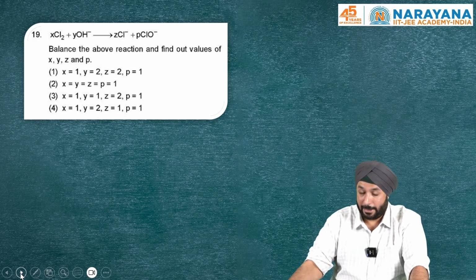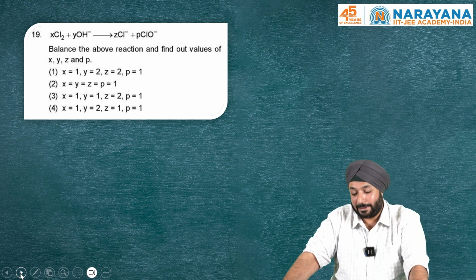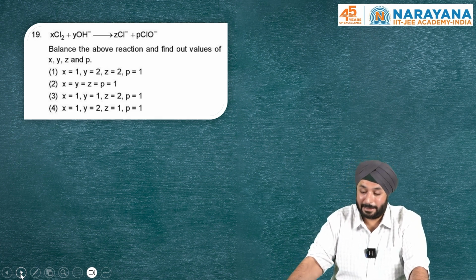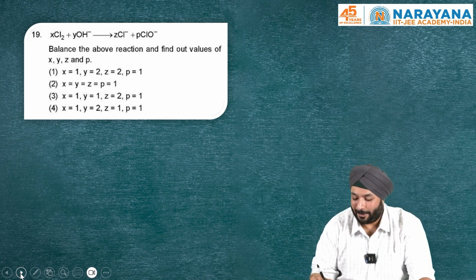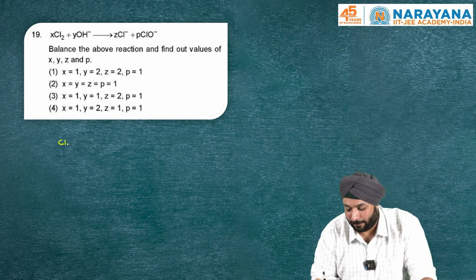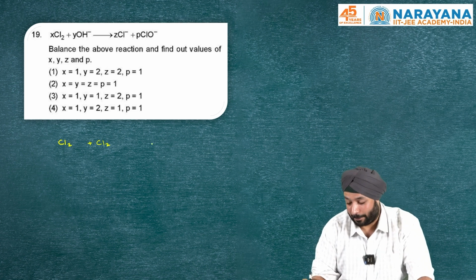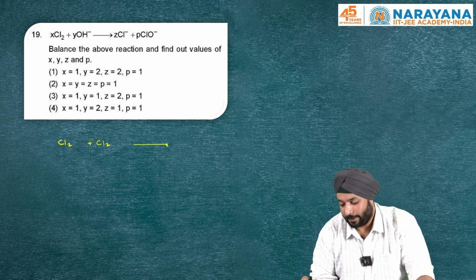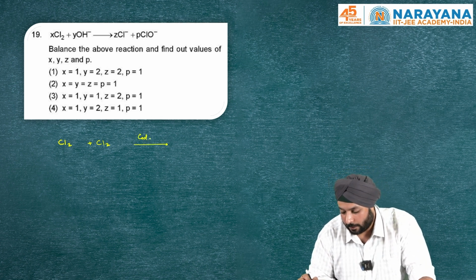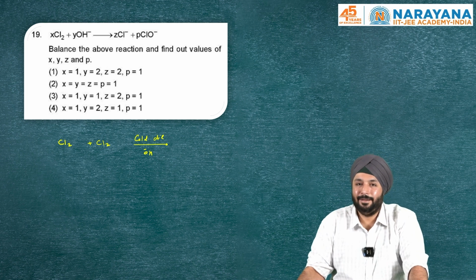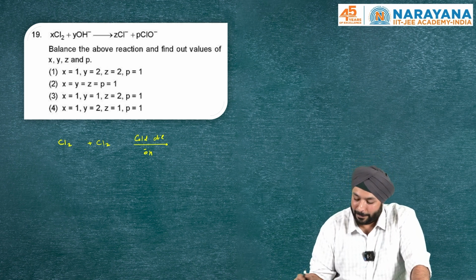You have question number 19, right? Chlorine in the presence of OH minus in basic medium is forming Cl minus and ClO minus, right? You know that chlorine in the presence of cold dilute basic medium undergoes a disproportionation reaction.